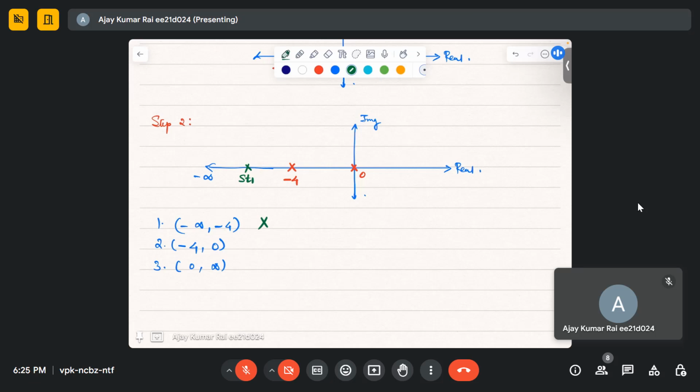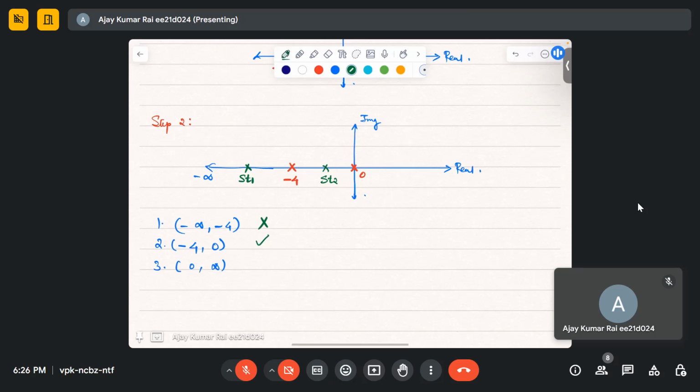Let me choose another test point here between -4 and 0, st2. Just see to the right of this point st2, only one pole exists. One is odd, right? So we can say the root locus will exist between -4 and 0.